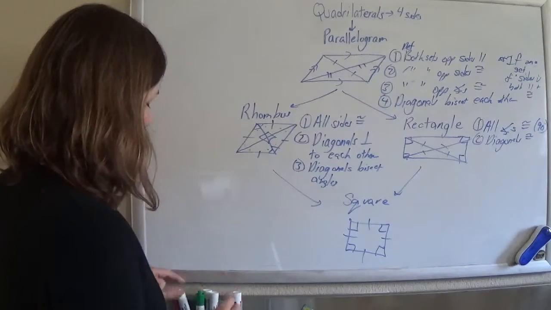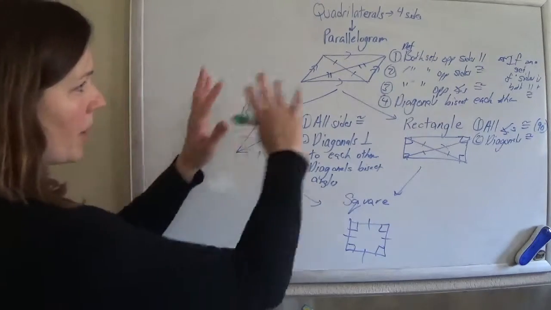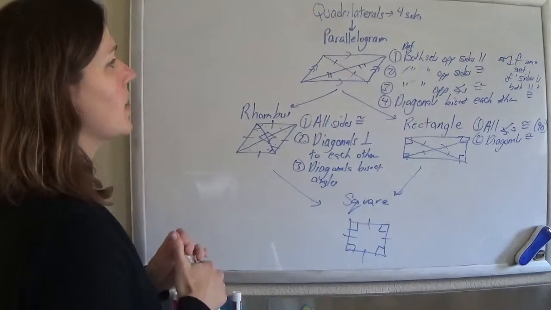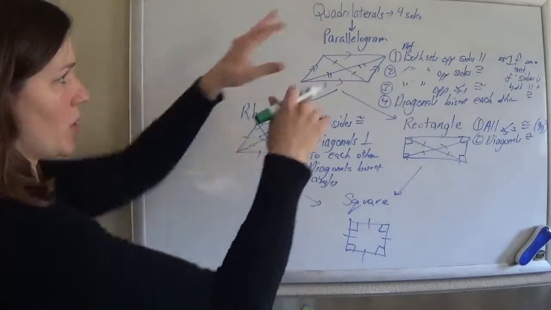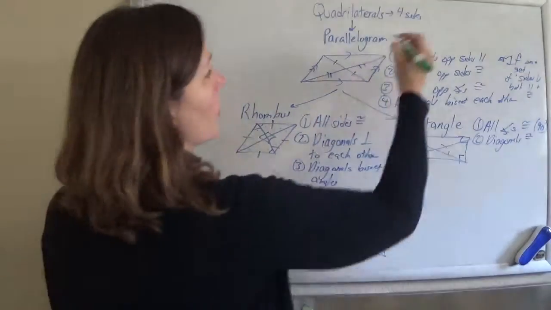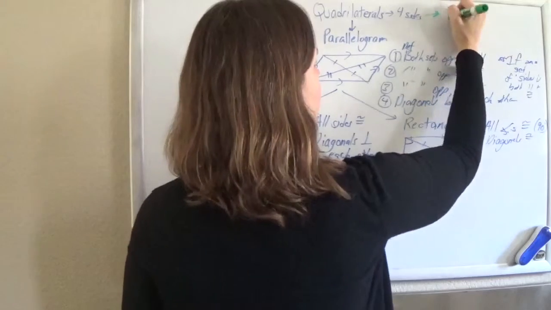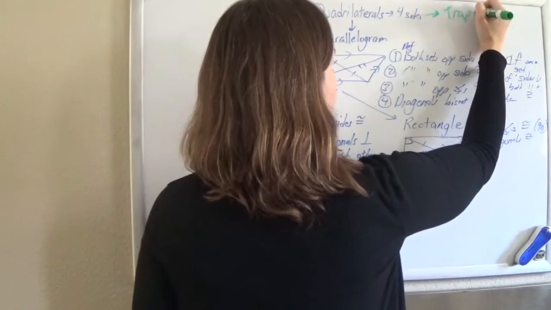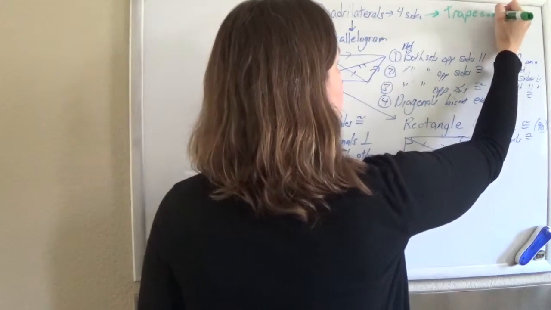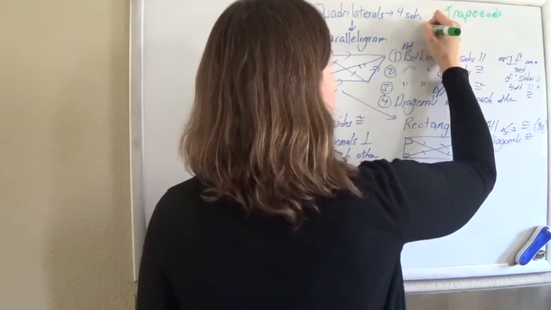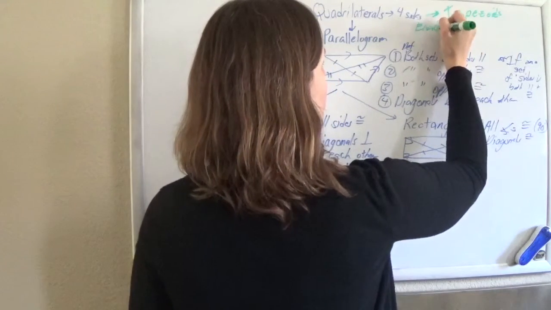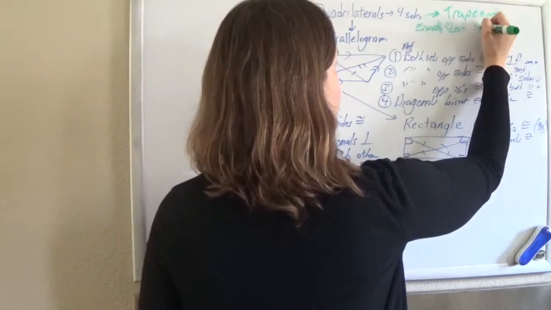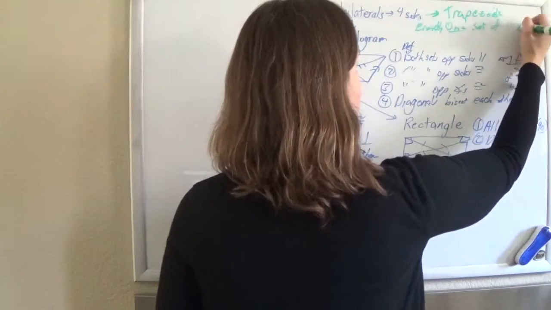And so it's interesting to note, these are all parallelograms, and we could go off and do other special types of quadrilaterals. We could do trapezoids, and trapezoids have exactly one set of parallel sides.